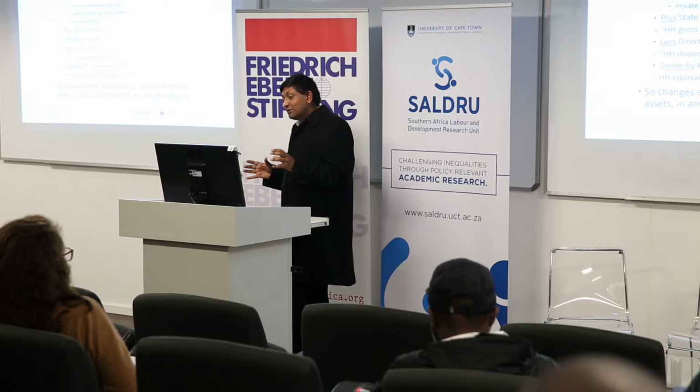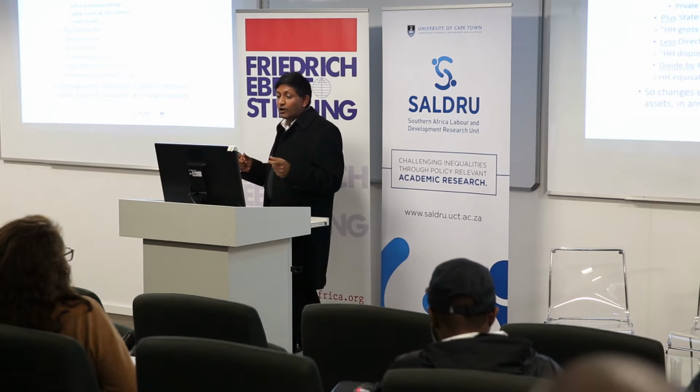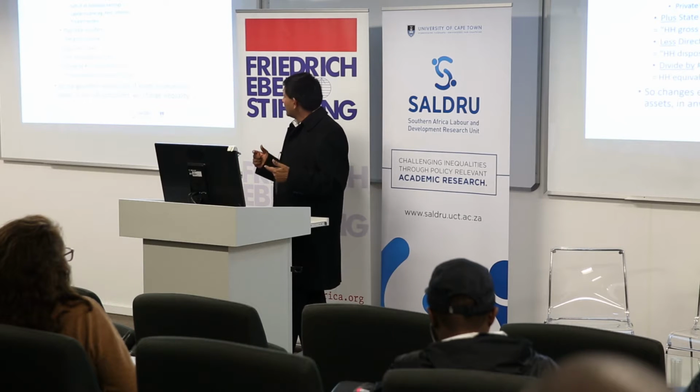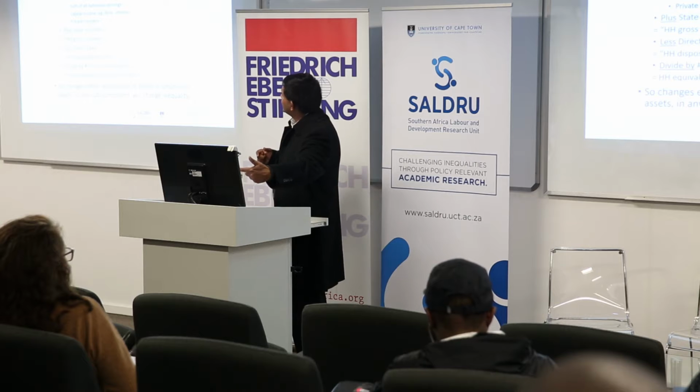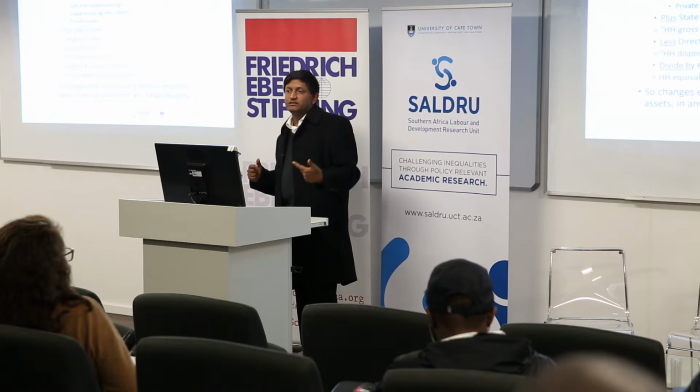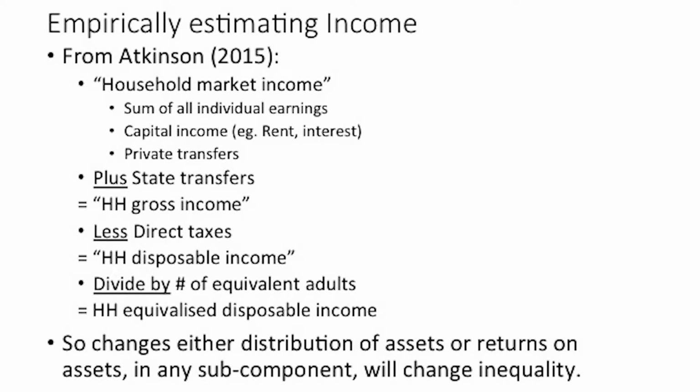So the point is, when we're talking of inequality or changes in inequality, basically any of these components here would probably lead to a change in inequality, right? So change in the labor market would lead to a change in individual earnings, which would then change your household level earnings. Change in the government's taxation rates would change your disposable income, and we would still get some change in our inequality levels.